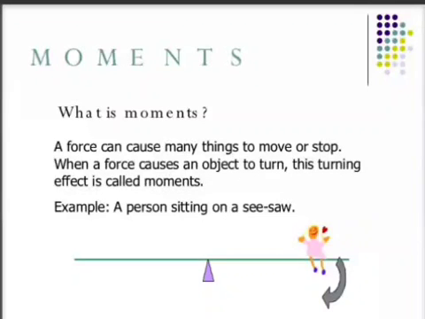Right now the person is going down. So the force which is applied for turning effect is called as moment. So the person is sitting, he is applying force, and hence the seesaw went down. That is called as moment.